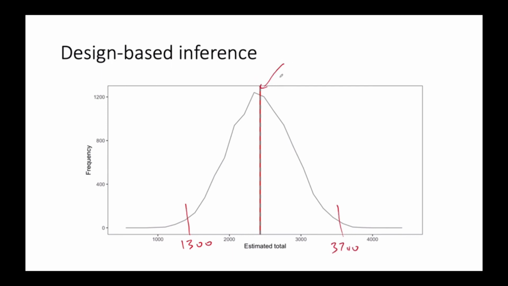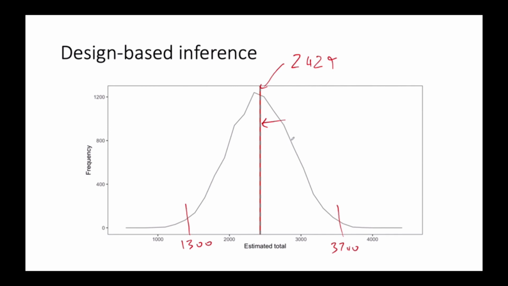The true value, 2,429, is shown with the red line, and the mean of the estimated totals across all 5,000 samples is shown by this dashed grey line. The dashed grey line sits right on top of the red line, so on average we're unbiased and we get very close to the total. However, there's a lot of variability, so a lot of uncertainty involved in our estimates.